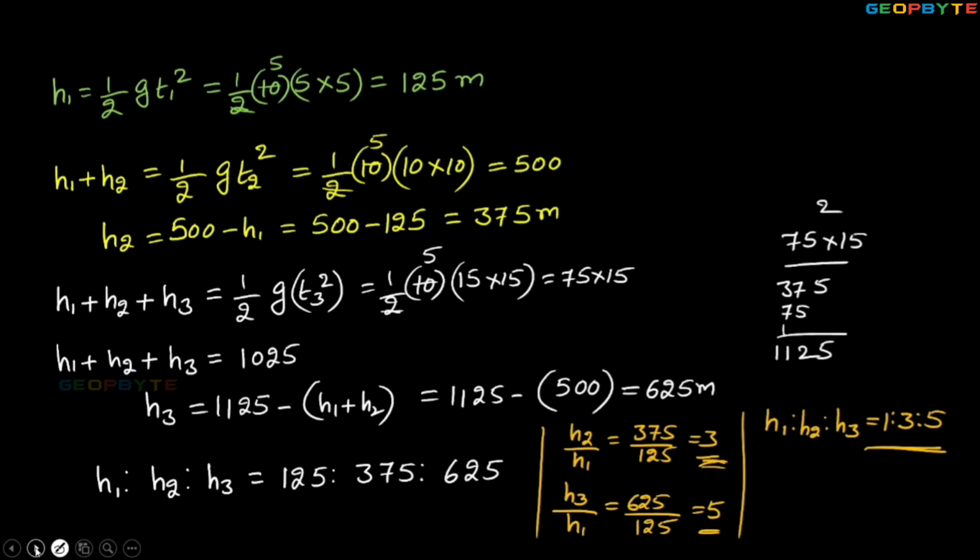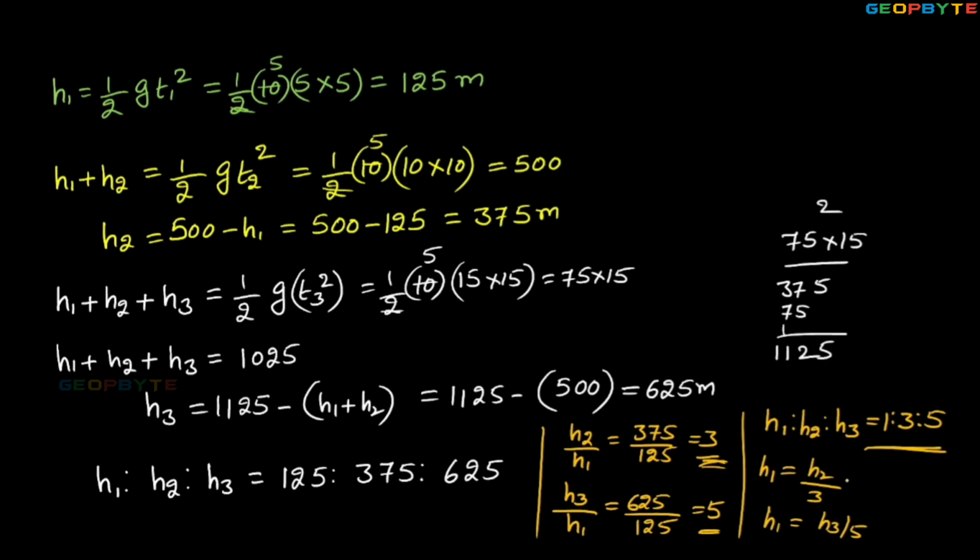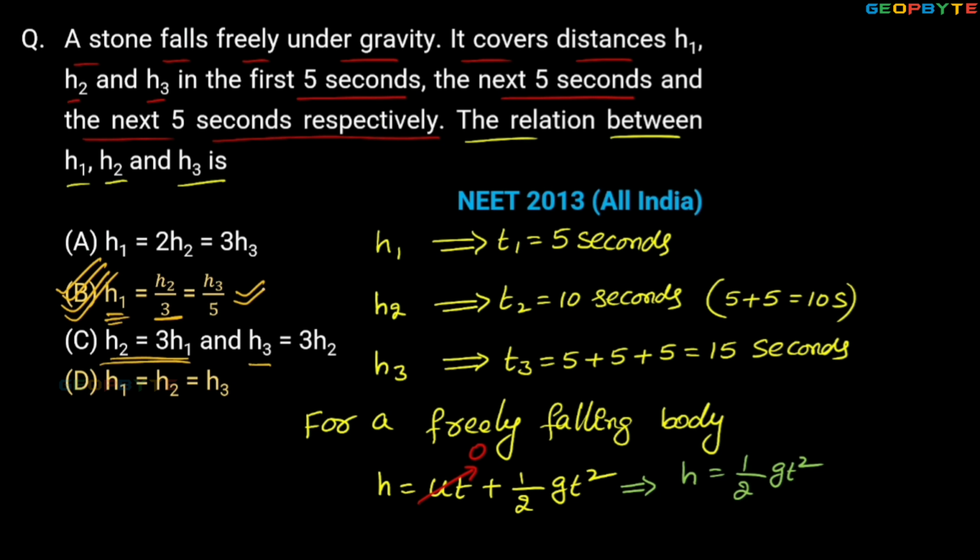From this I can write h1 equal to h2 by 3 and h1 equal to h3 by 5. So what is written: h1 is h2 by 3 and h3 by 5. Understood clearly?